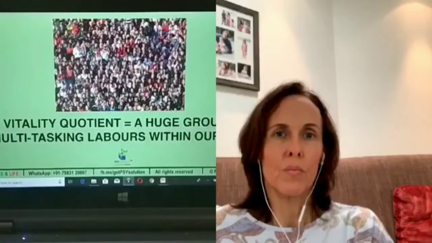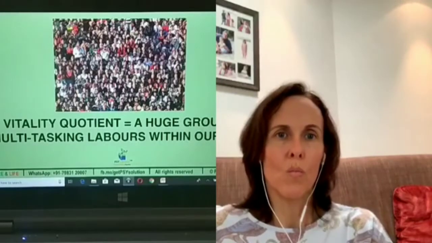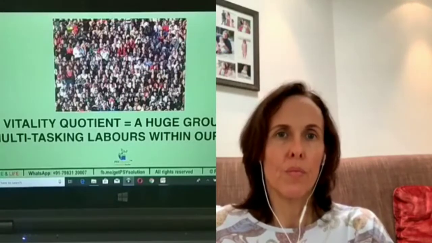So if this concept is not pretty clear, I'll bring in another concept of having multitasking levers within our body. Suppose you have a big group of multitasking levers. What is multitasking? It means levers who can do anything and everything.